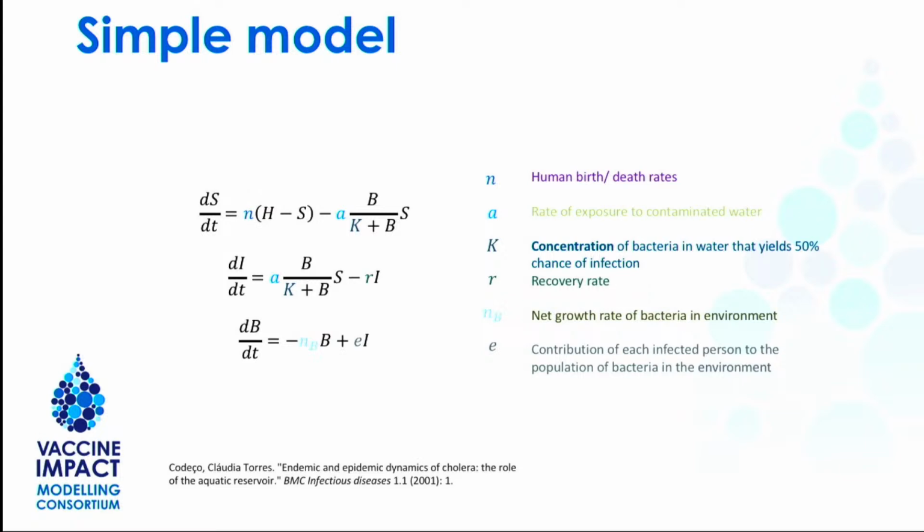Here it's contaminated water. We've got K here. So this is not carrying capacity in this model. It is the concentration of bacteria in the water that yields a 50% chance of infection. So you imagine if B was equal to K, we'd have K over K plus K. We'd have half as our probability of infection.